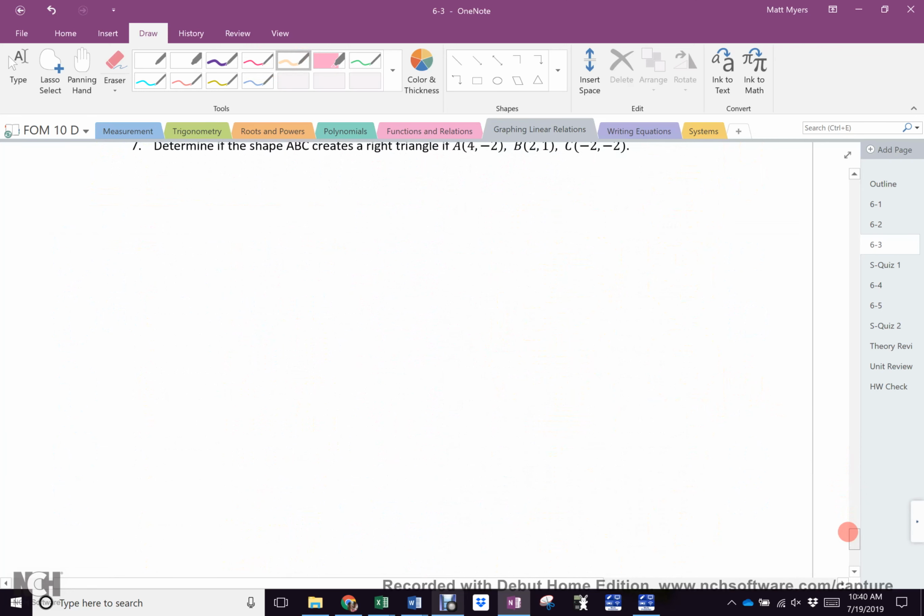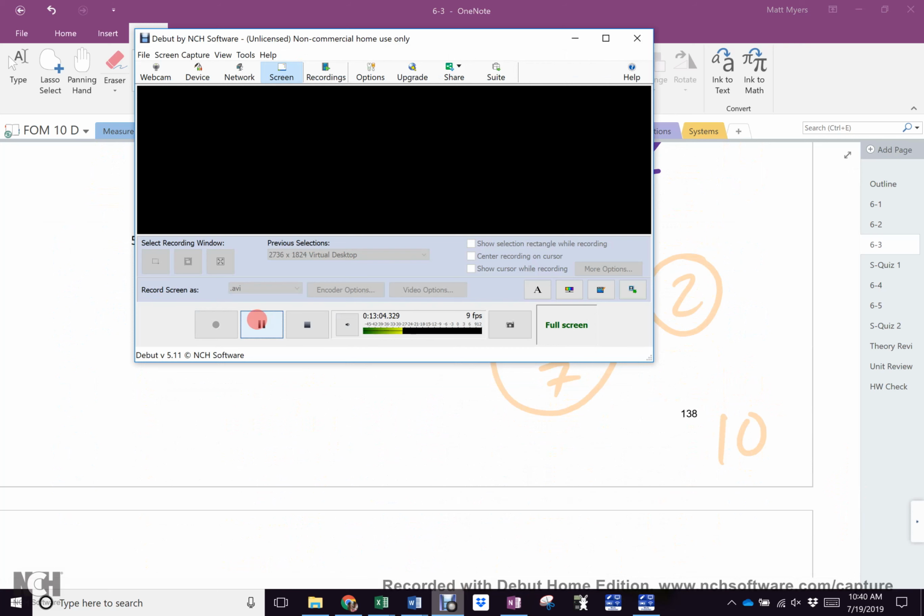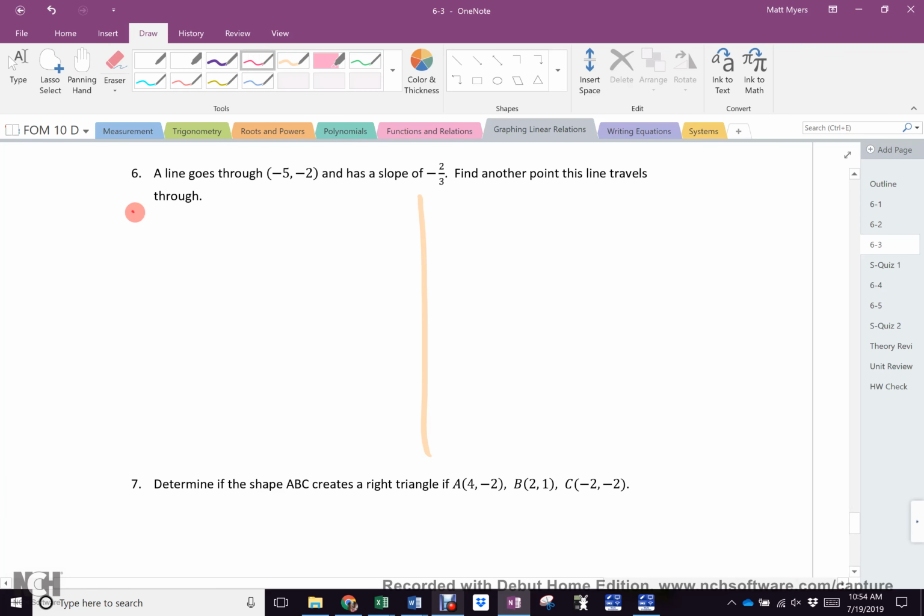We'll do 6 and 7 when you get back. 1, you could graph it. There is negative 5, negative 2, right?